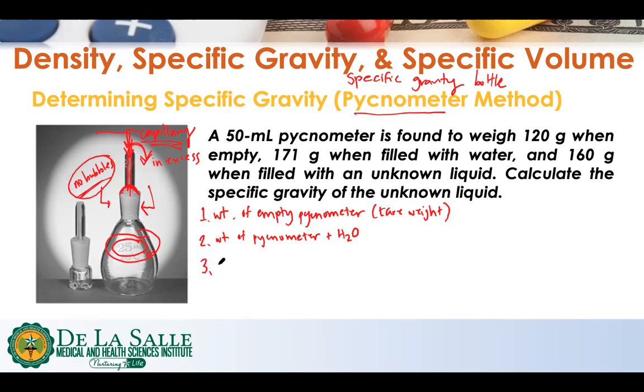And then the third step is to weigh the picnometer, this time containing the substance of interest, the one whose specific gravity you want to determine. Of course, you need to empty the picnometer first and let it dry before you fill it with a different substance.